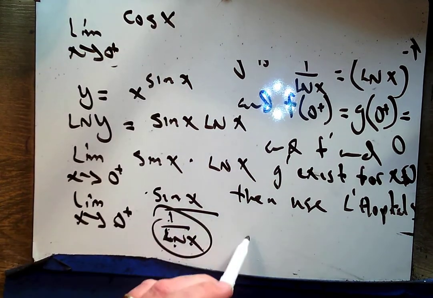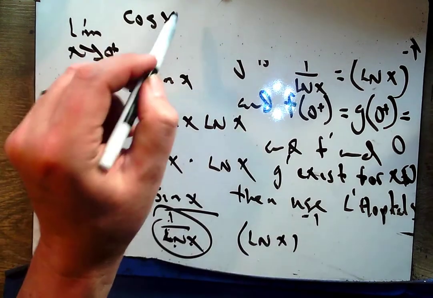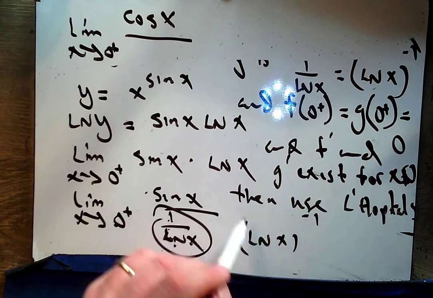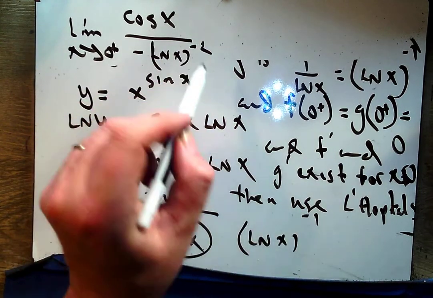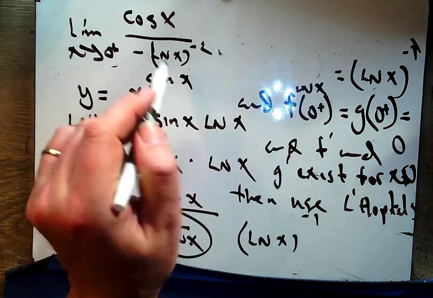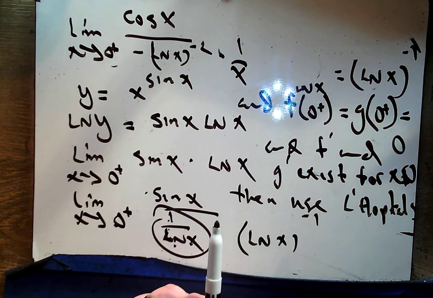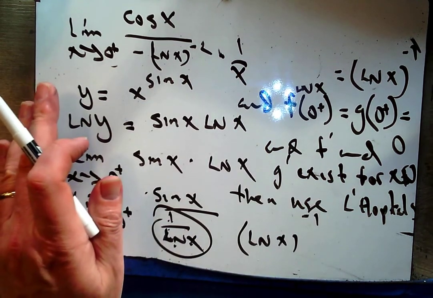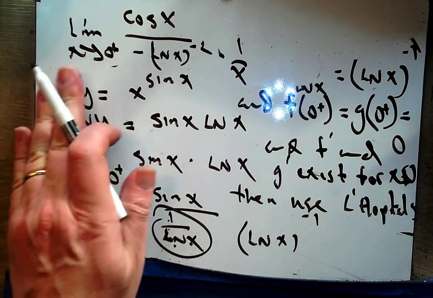Be careful with this. Remember that this is the same as ln of x to the negative 1. So when I take the derivative there, that negative 1 comes down. I have ln of x to the minus 2 times, what's the derivative of ln of x? That's 1 over x. Okay, so what am I looking at now?